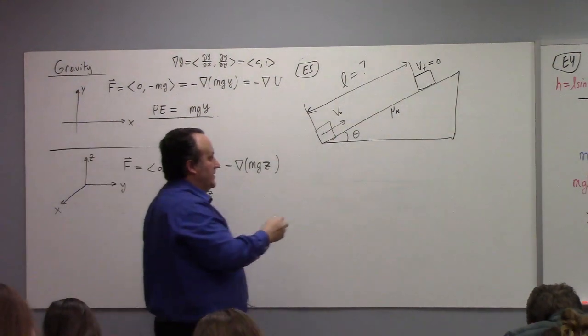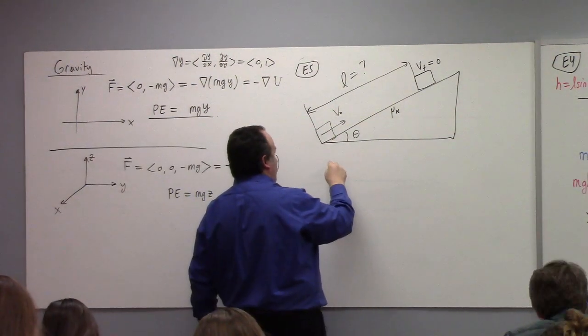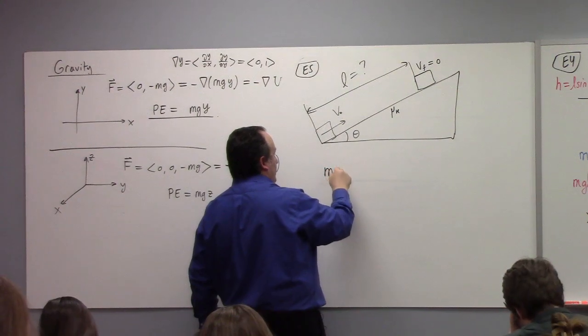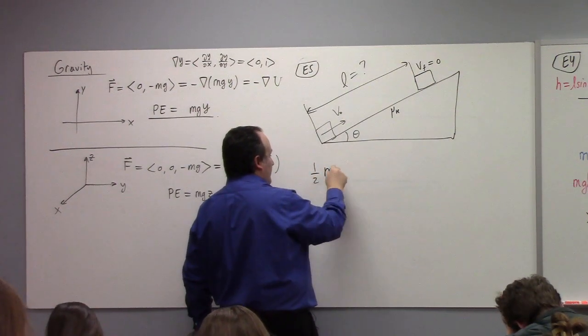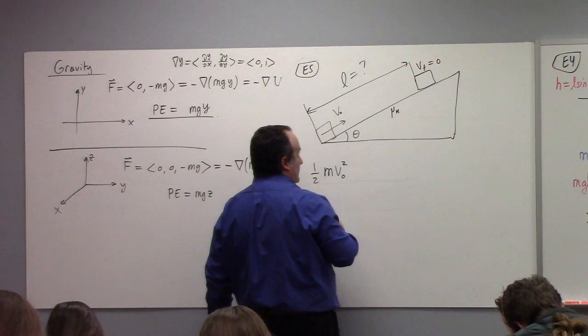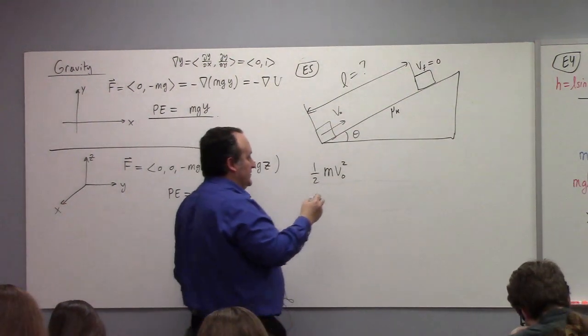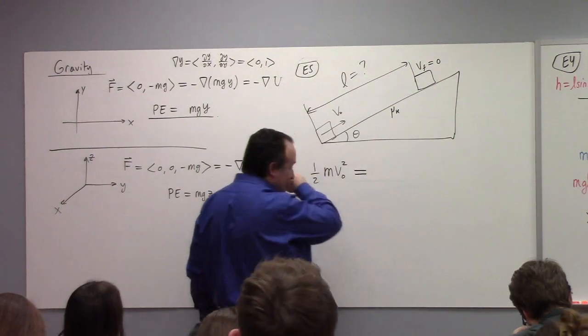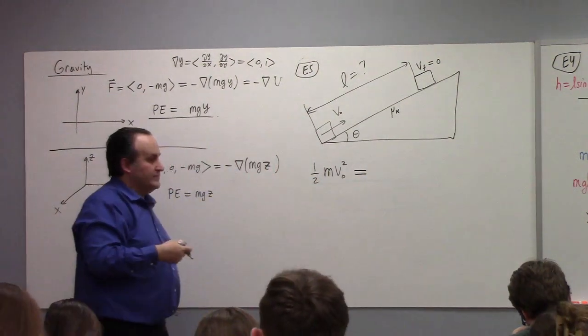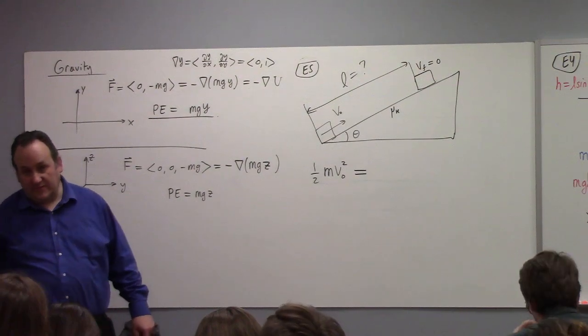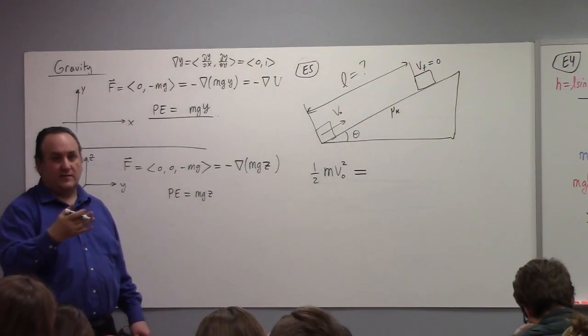So what we would do here is, okay, I've got 1/2 m v naught squared. That's my initial energy, right? That has to be equal to what? Not 0. We do give it some push at the start. It's got energy.